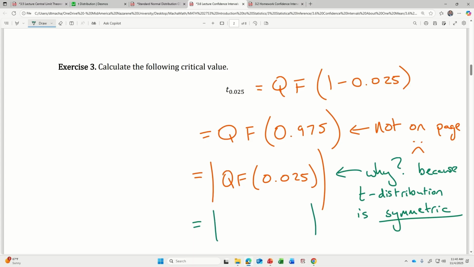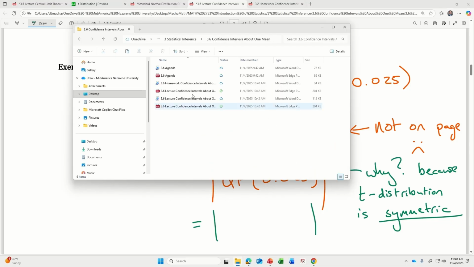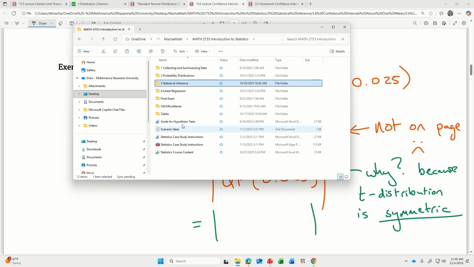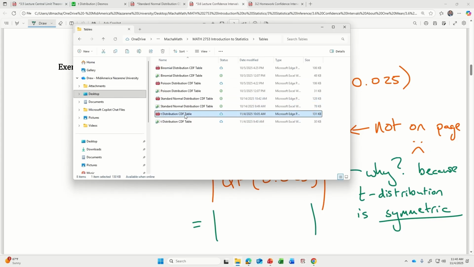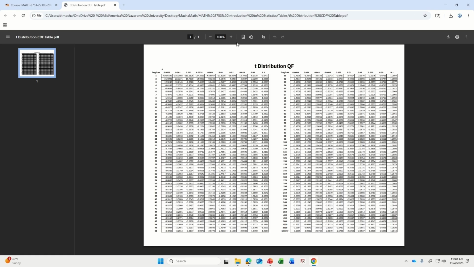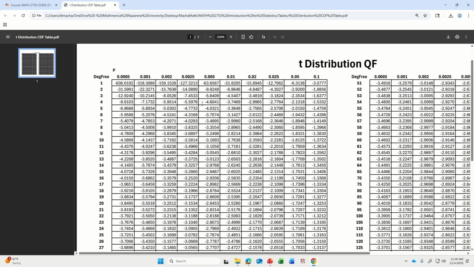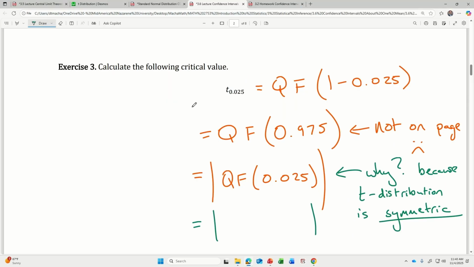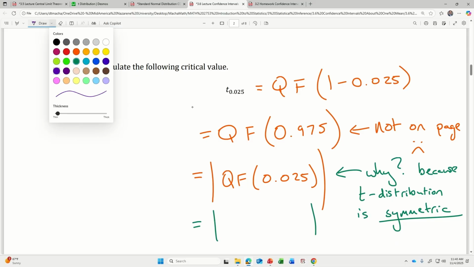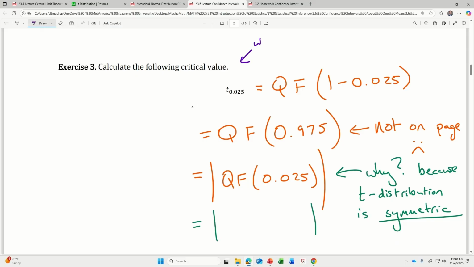Let's look up the quantile function of the t distribution at 0.025. Oh, and I also need to know my sample size. For a t distribution, we need to know my sample size.